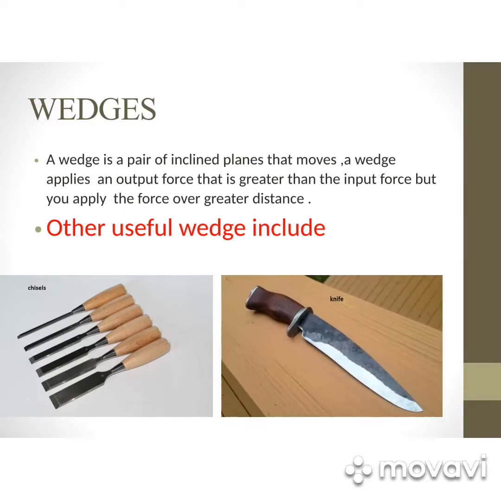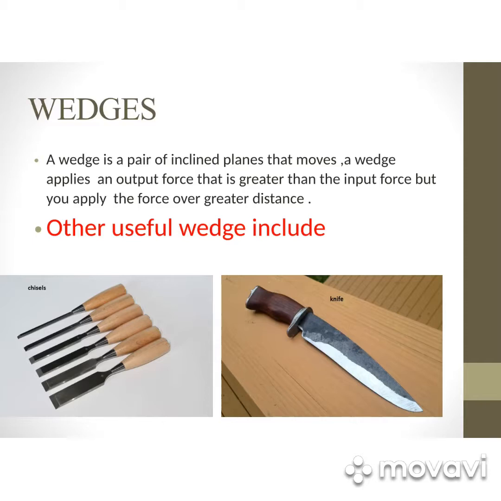Let's move on to another type of simple machine, which is the wedge. What is a wedge? A wedge is a pair of inclined planes that moves. Again, what does it mean? It means that a wedge is a simple machine made up of two inclined planes that move, often used for cutting.